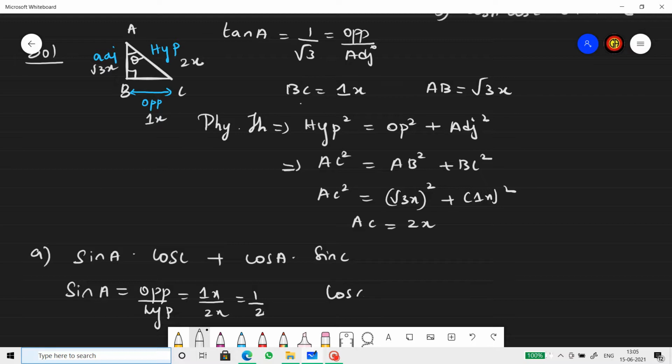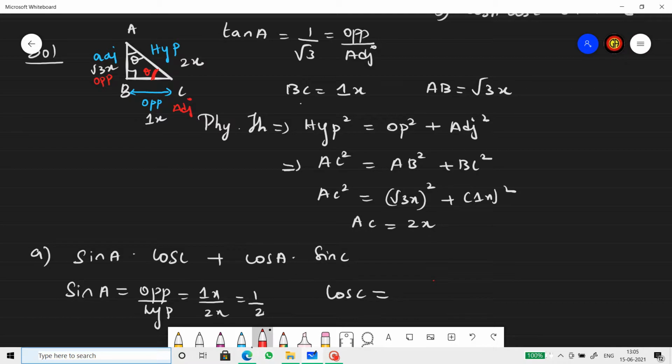What is cos C? Well, cos C means the theta is at this point. And therefore, if the theta is here, this will become the opposite, and this will become the adjacent. Hypotenuse remains the same, isn't it?